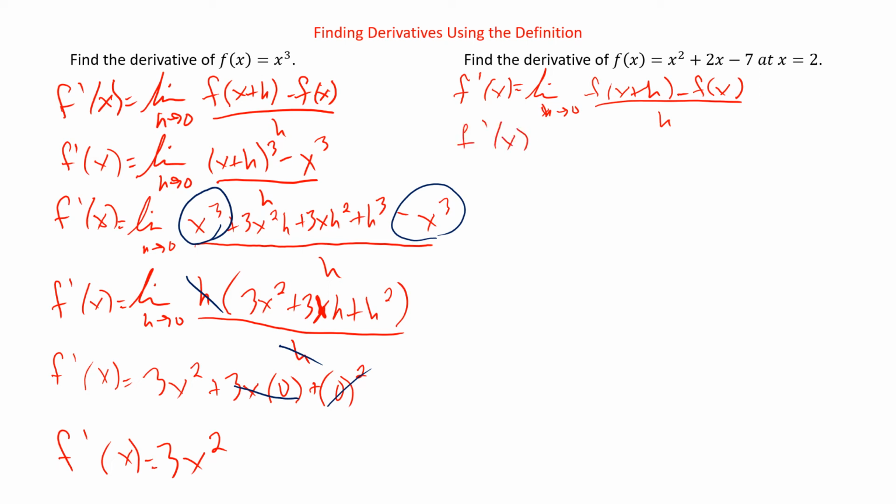F prime of x equals the limit as h goes to 0. F of x plus h means we're going to plug x plus h into both the x's. So we'll have x plus h squared plus 2 times x plus h minus 7, and then minus the function, x squared plus 2x minus 7.